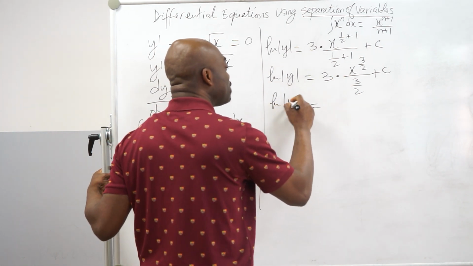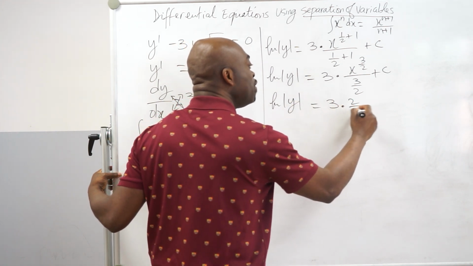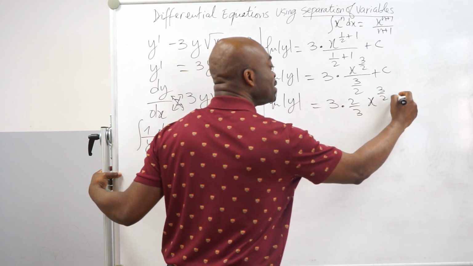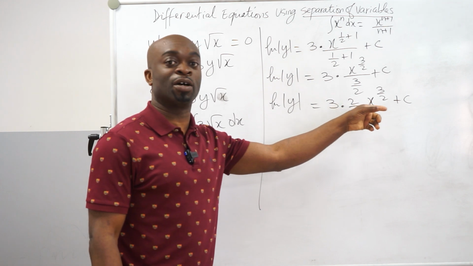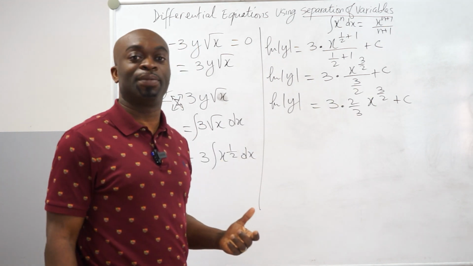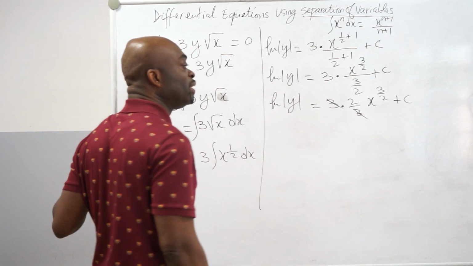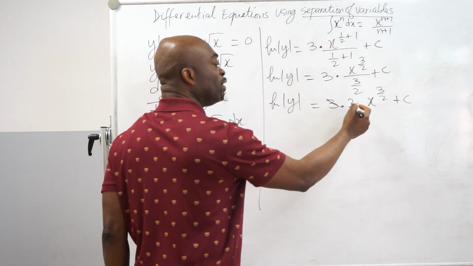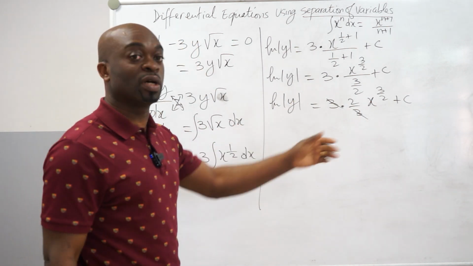So you have ln of the absolute value of y equals 3 times 2/3 x^(3/2) plus c. All right? So the 3/2 at the bottom becomes 2/3 on the top. So you just flip it over. Now what can happen? These two can be crossed out. Okay? So now you have on the right side 2 times x^(3/2) plus c.